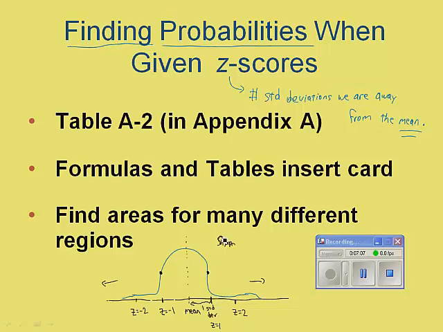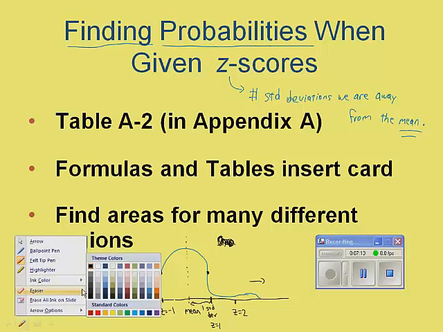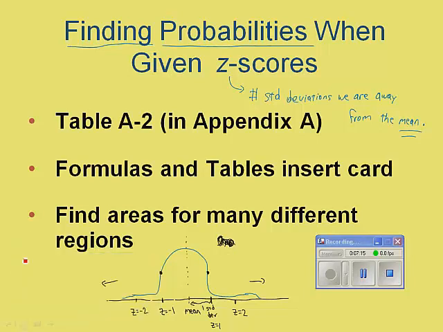Okay. Now, I'll put this last note in red. If we have a standard normal distribution, which is what the title of this section is.